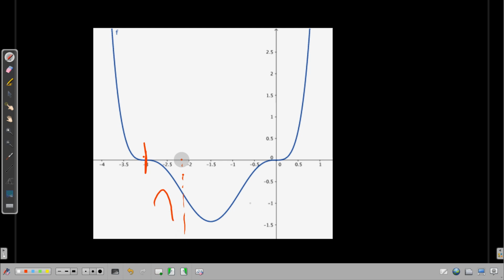Here it's concave down. And in between here and here it's concave down. But everywhere else it's concave up. So I want to exclude these intervals.